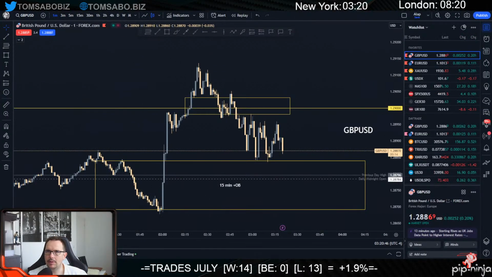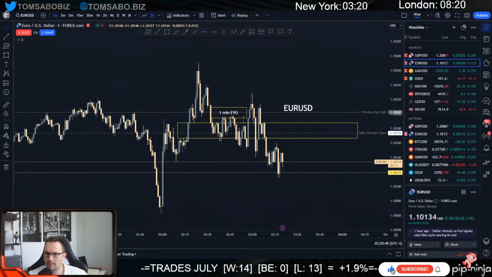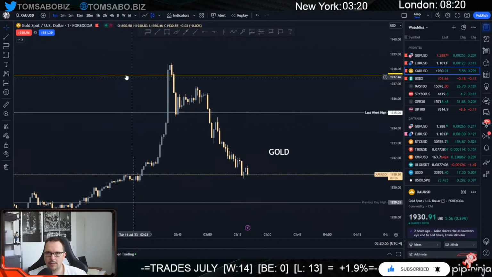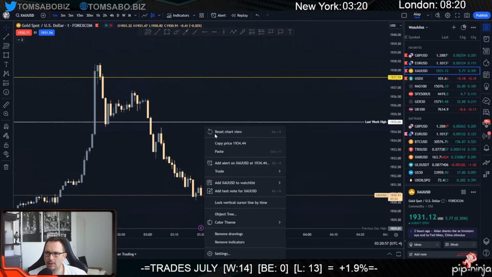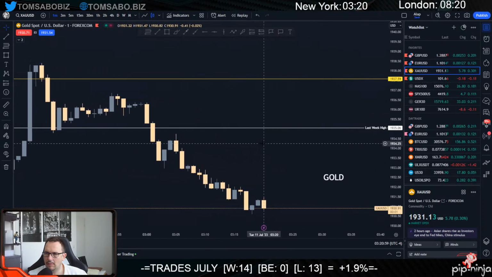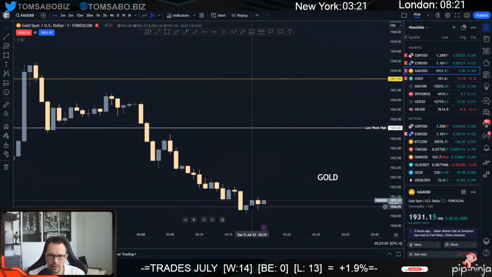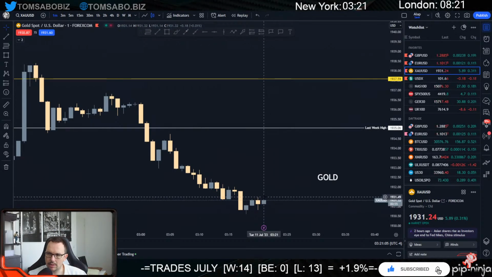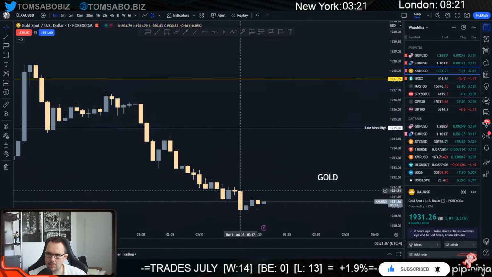Slight profit there on euro. Fractional high. Where? This one could be, but if this candle breaks it, then there's not going to be a fractal.